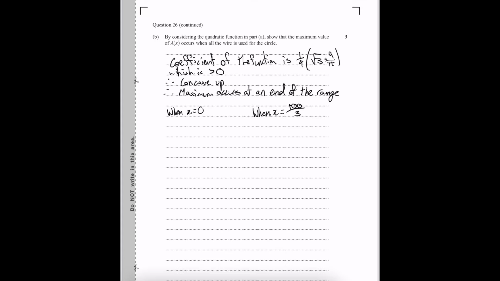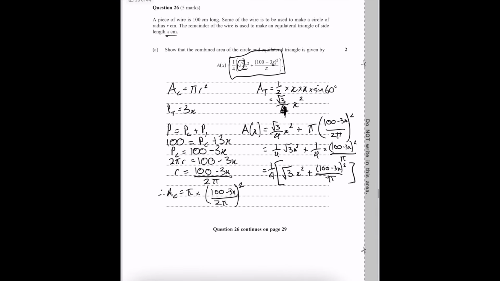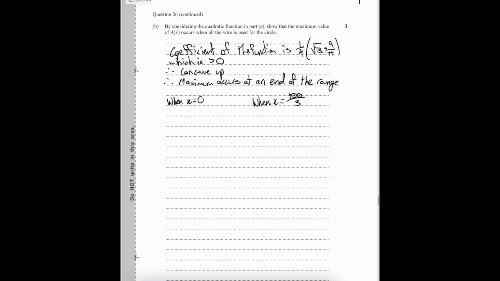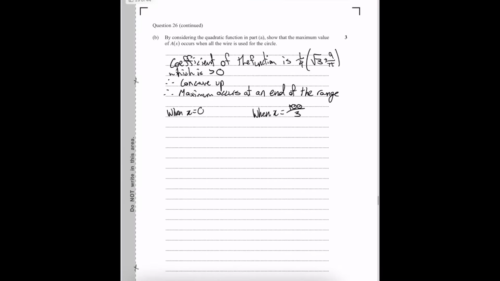So what we're simply going to be checking is, I'm going to substitute each of these values into the quadratic function, see what we get, and whichever one's larger is going to be the maximum.